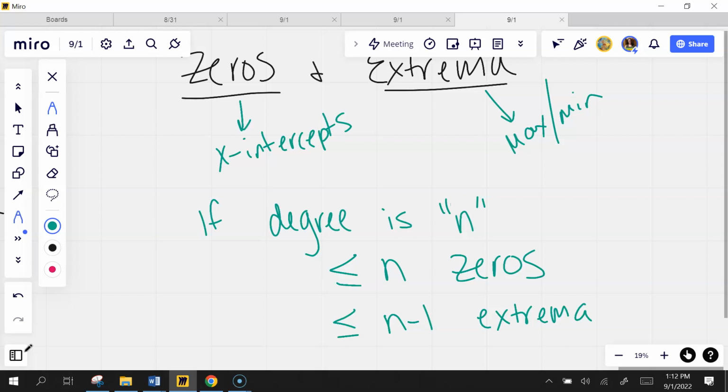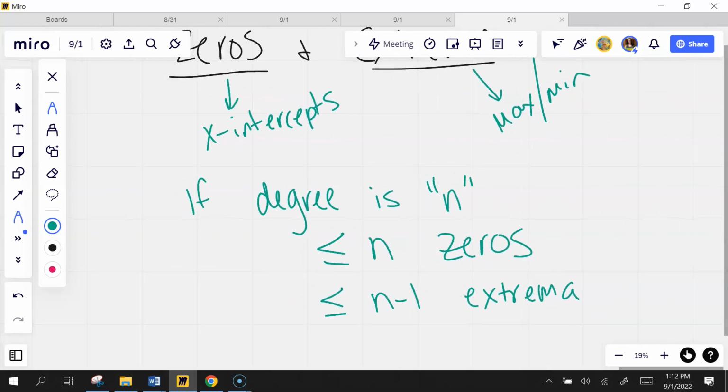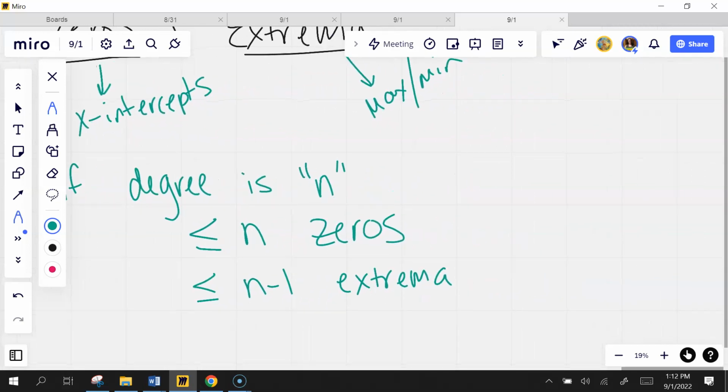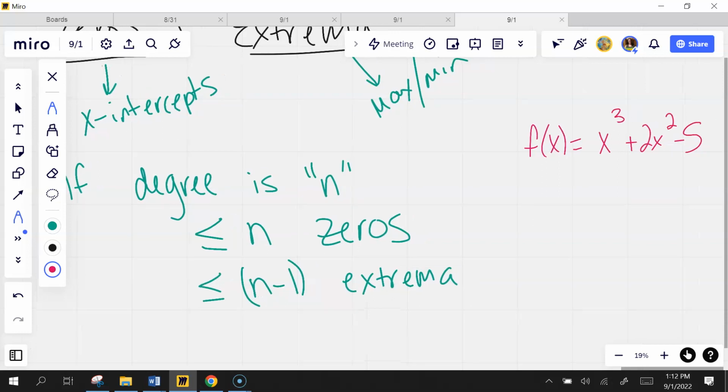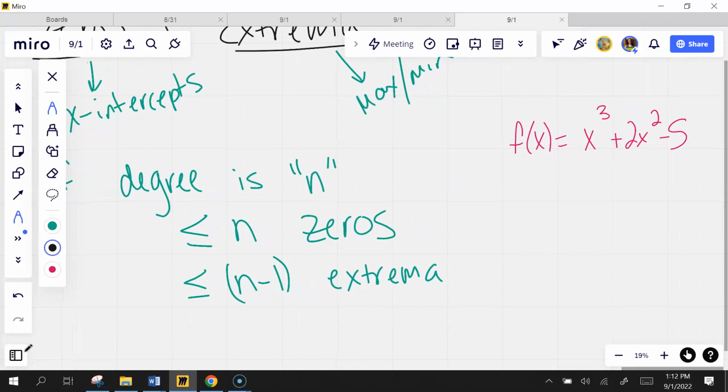If you think about it, it makes sense. If I have a cubic, that is a degree of what? So this polynomial, without graphing it, I know has no more than 3 zeros and no more than 2 extrema.